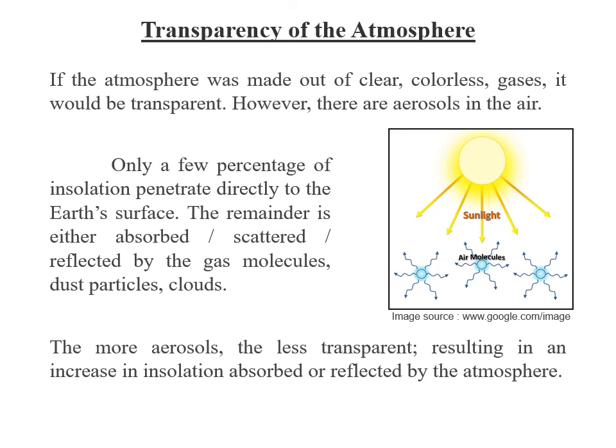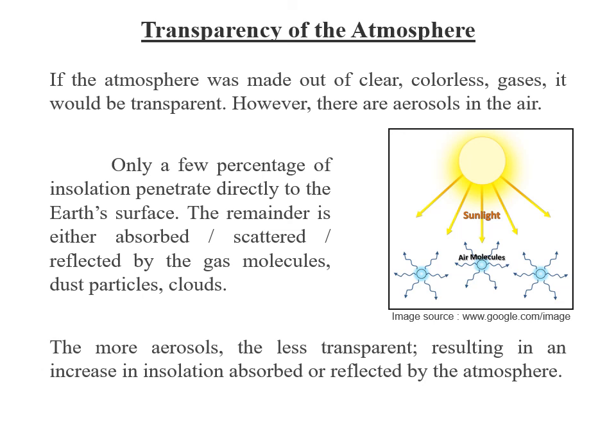When the sun rays reach the Earth's atmosphere, they will face a lot of air molecules along with some dust particles, liquid water, as well as ice crystals. So lots of restrictions are there for the sunlight to fall directly on the earth surface.